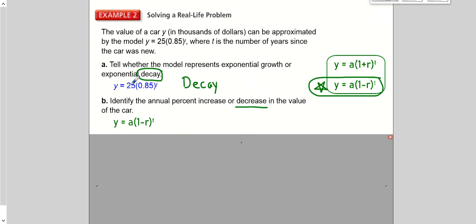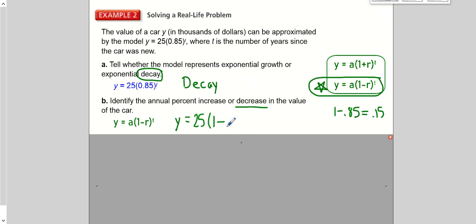Our a is 25. But then we need to write 0.85 as 1 minus something. So if you subtract 1 minus 0.85, you will get the number we need. 1 minus 0.85 equals 0.15.